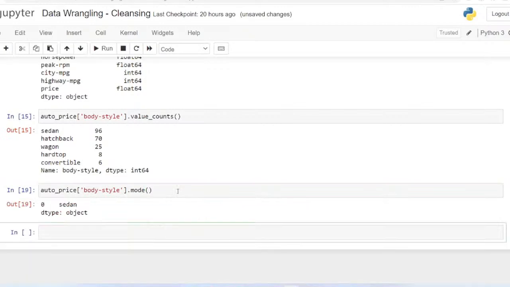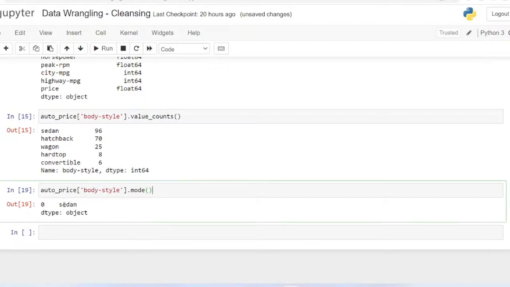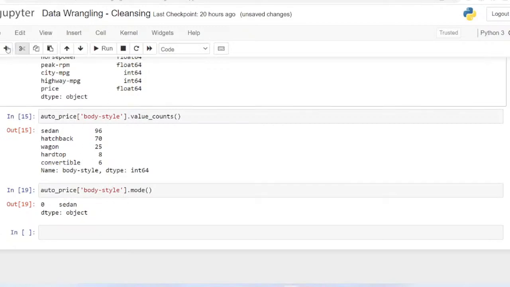I think only the column is there. Now you can see that when you calculate the mode, you get sedan; straight away it gives you the category as the answer. Fine. So like this you can find the mode for anything.